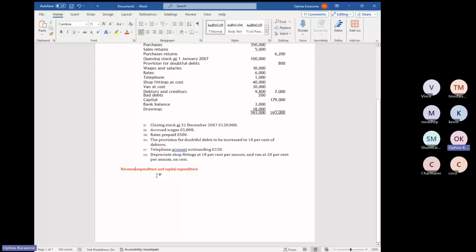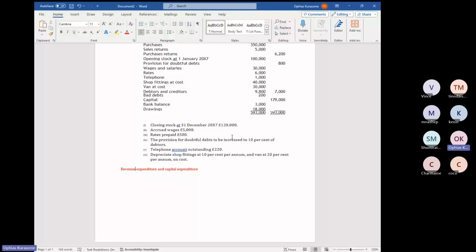Who can give us what do we mean by revenue expenditure?